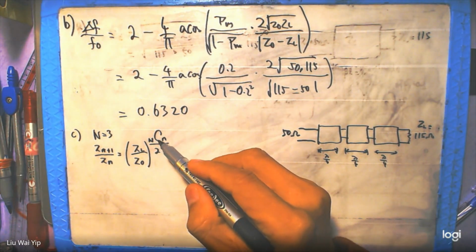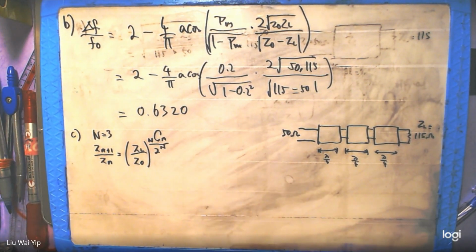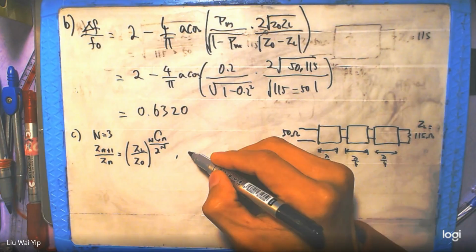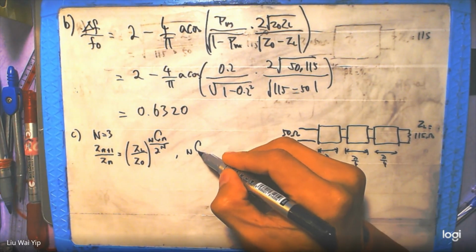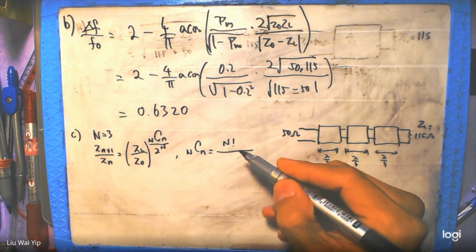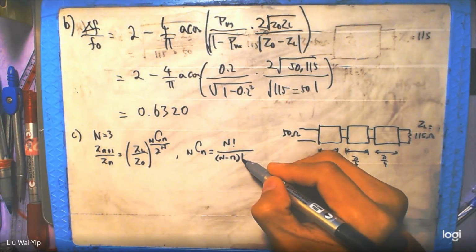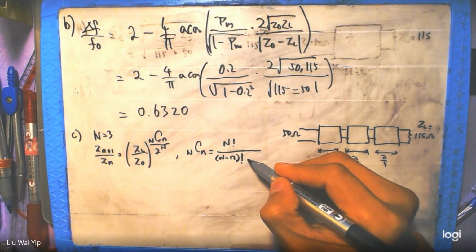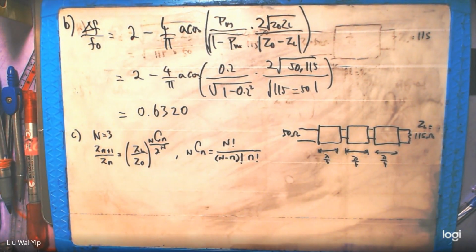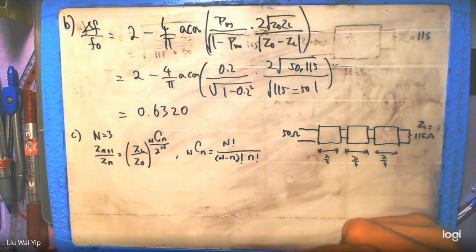N combination n represents N factorial over (N minus n) factorial and then n factorial. If you don't want to do too much calculation, you can use the Pascal triangle to work it out.